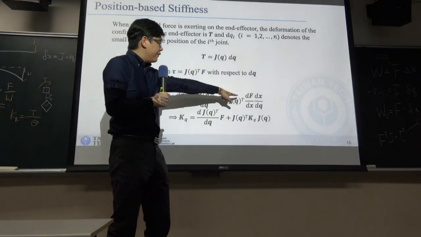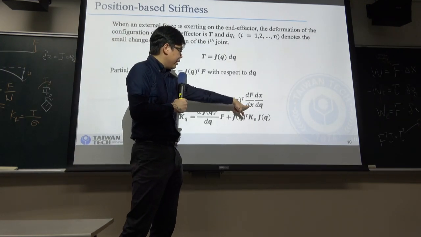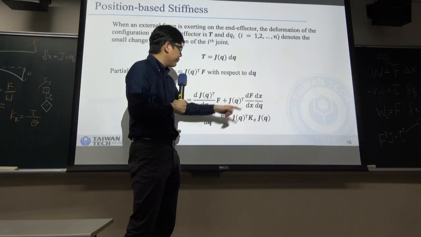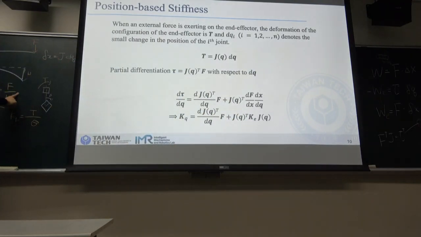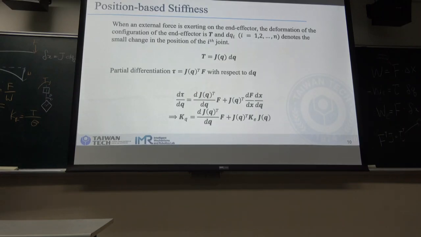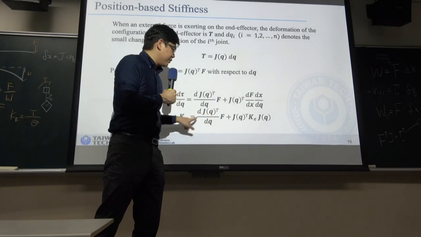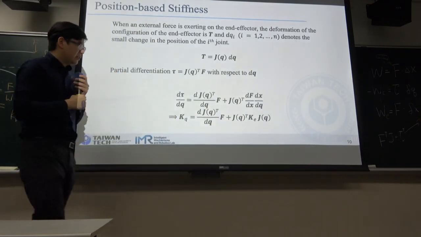And here we have delta F and delta X. If you remember, this one is the bending stiffness. So we can substitute the two stiffness matrices into this equation.